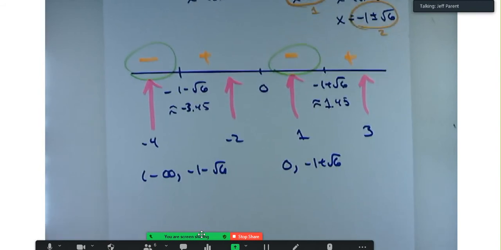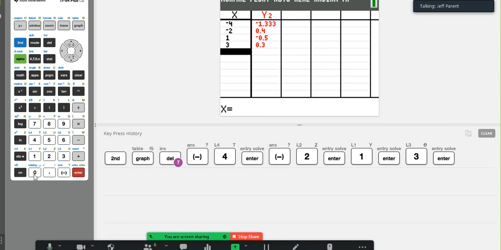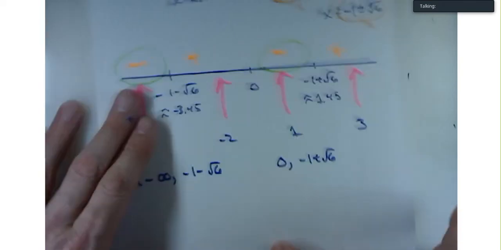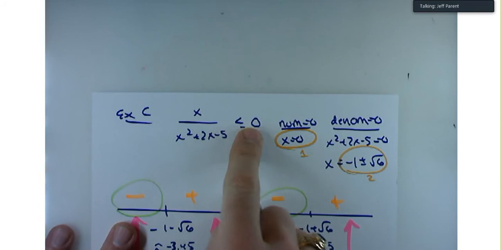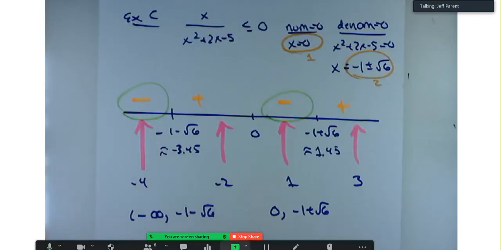Now, if you're not sure about the endpoints, you can type those in and find out for yourself. For instance, can I use a 0? If you type in a 0, well, 0 is less than or equal to 0, so you're okay there. How about the other two endpoints?